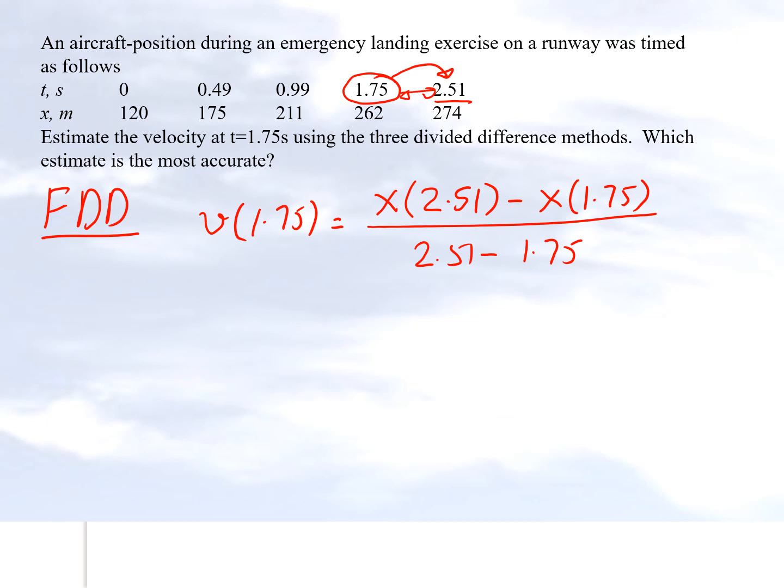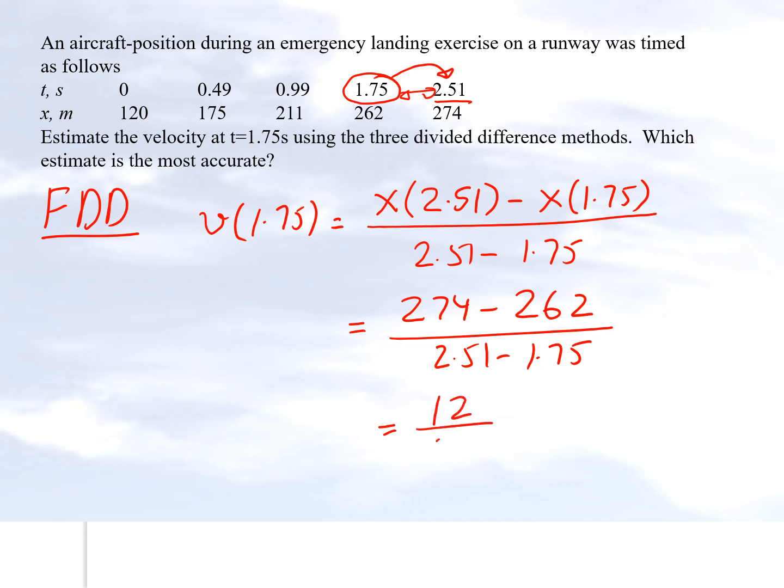We simply substitute the values. We get 274 minus 262, and that turns out to be 15.789 meters per second. That is the approximation we get by using the forward divided difference method.